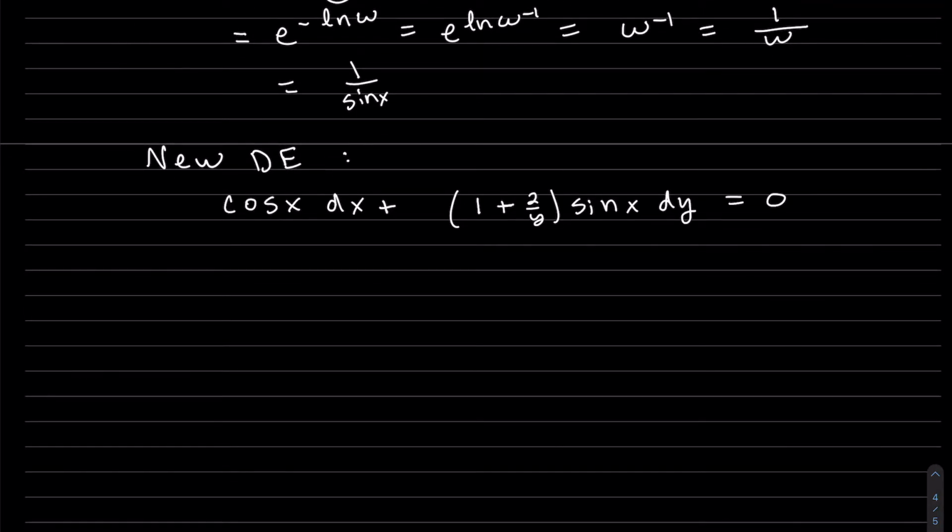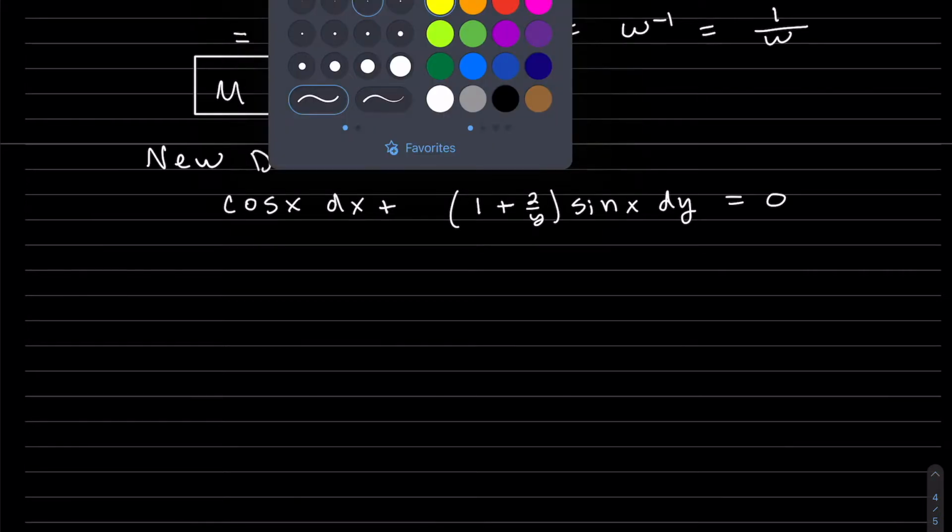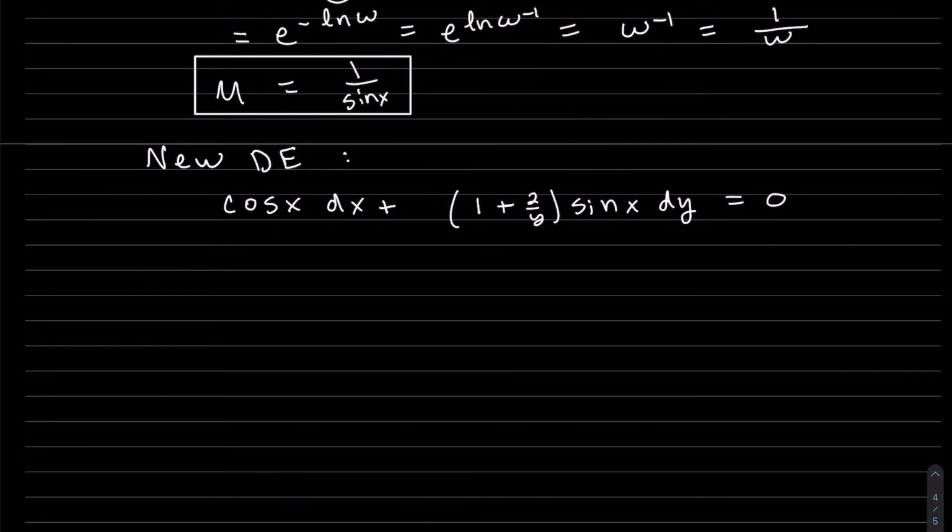So this is my mu. So basically, I'm just going to divide by sine of x. So that cancels.